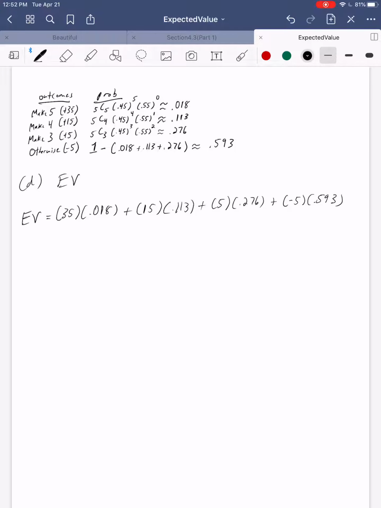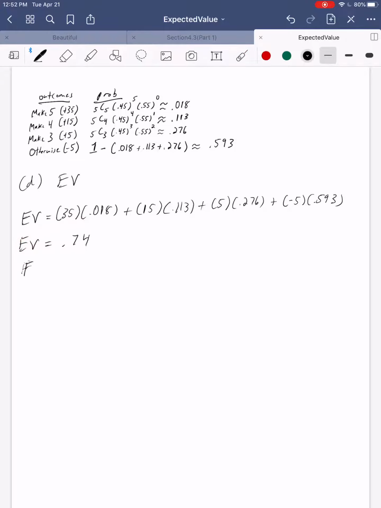We put all that into our calculator, 35 times 0.018 plus 15 times 0.113 plus 5 times 0.276 minus 5 times 0.593, and your expected value here should come out as 0.74.